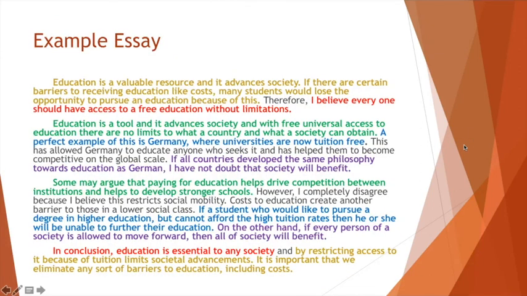So if we take a look at the essay, we can see where these are from our outline. So we have our thesis statement and we have our restated paraphrase. So with this essay, we actually have our paraphrased essay prompt after our thesis statement. Okay, then we have our main topic and our example. Now, there are some things we need to add to our essay that are not in our outline.